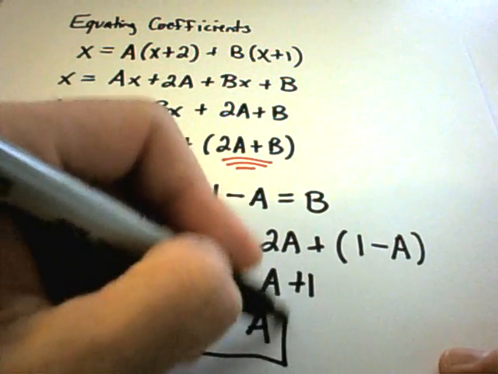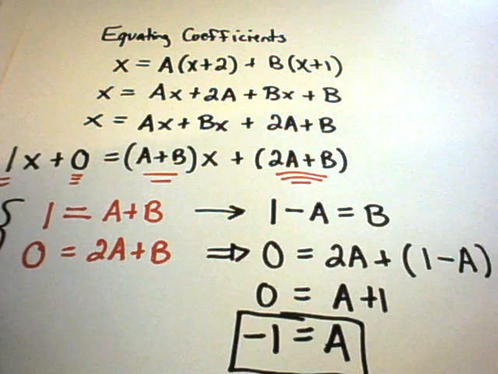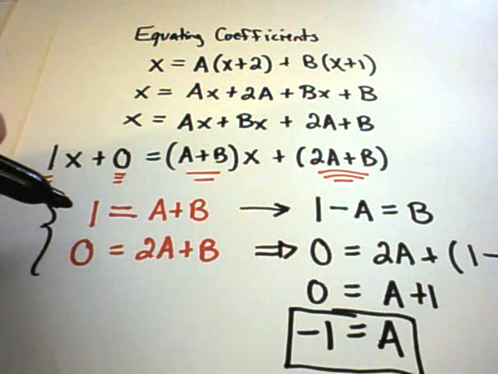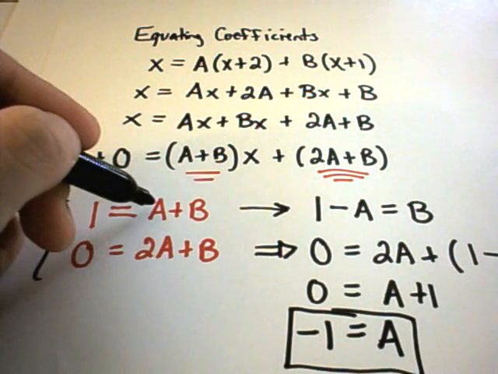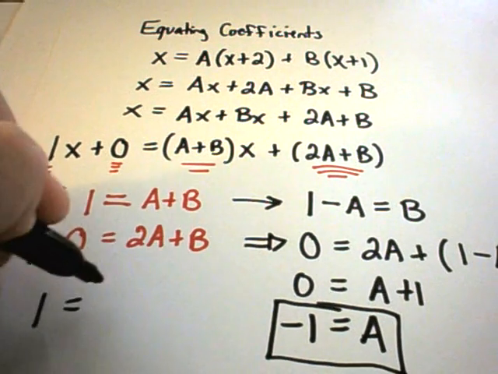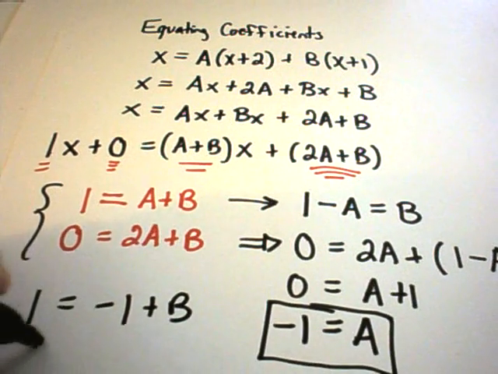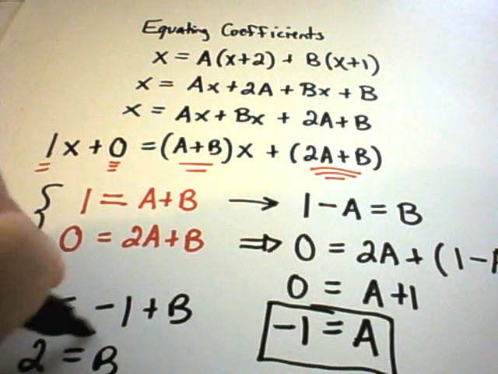Once I have my a value, you can plug it back into either of your original equations. If we plug negative 1 into the first one, we get 1 equals negative 1 plus b. If you add 1, we get that 2 equals b.